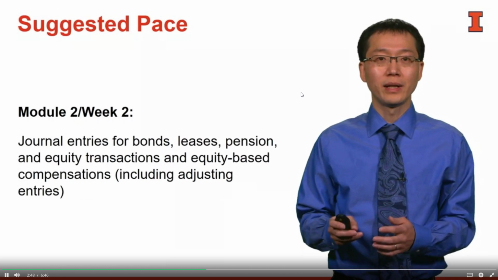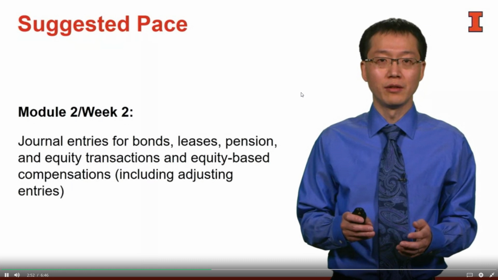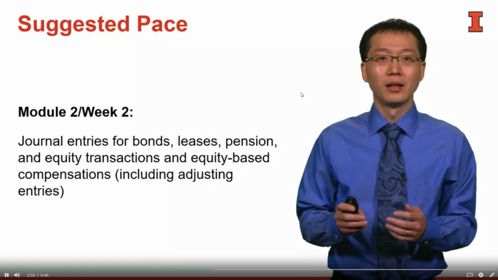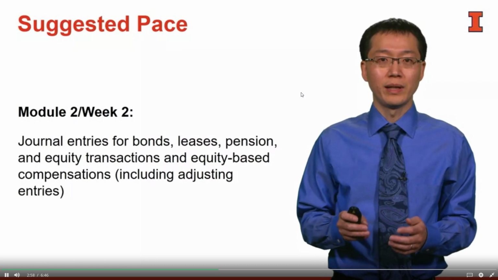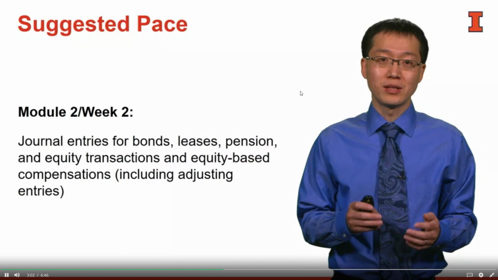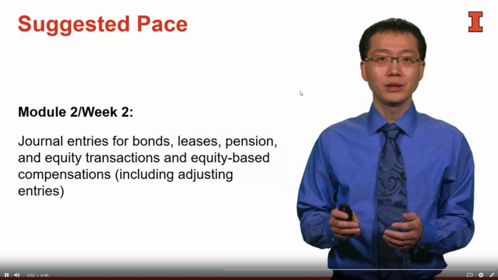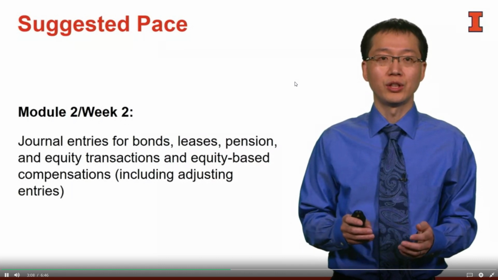In the second week, you need to record journal entries related to the following topics: bonds, leases, pension, as well as equity-related transactions. Once again, these journal entries should include all the year-end adjusting entries.